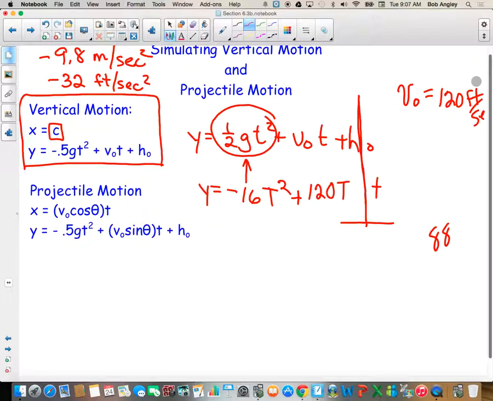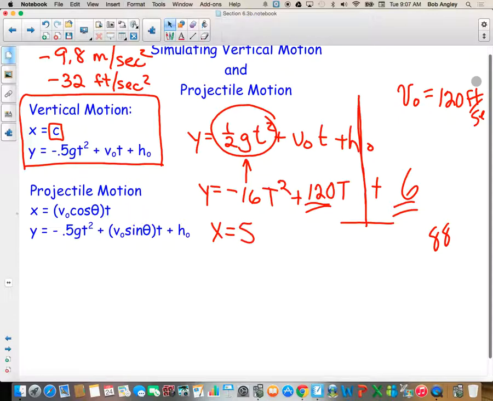Okay, so I'm going to say that our h sub 0 here is going to be 6. Okay, now, when you do vertical motion, those are the only things you have to consider. There's going to be an initial velocity, an initial height, and then we're always going to get negative 16t squared. Okay, so now, on the x, I'm going to just make x 5.